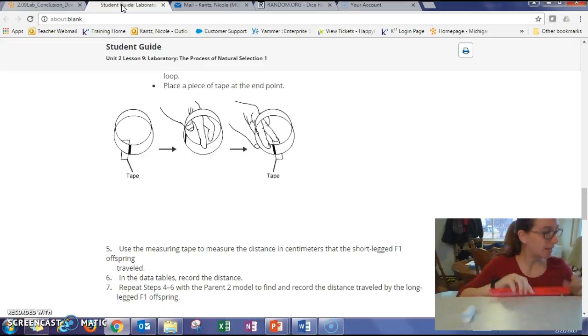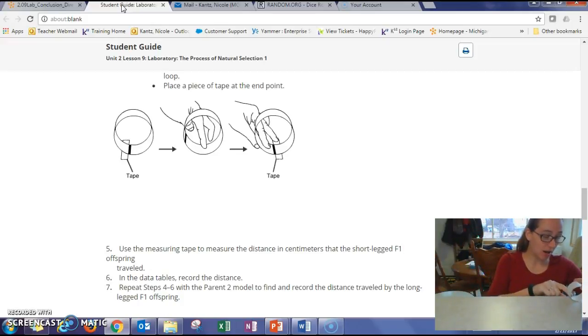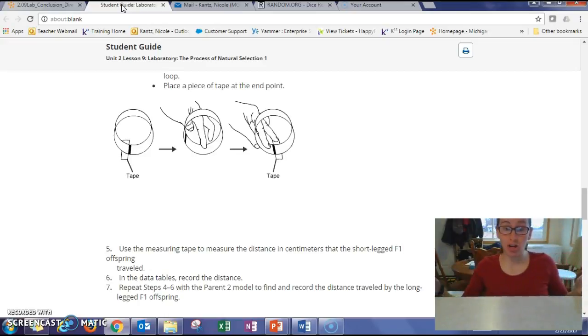Let's try that. Yep, 10.5 centimeters. And then I'm going to do the same thing with my long legs. My long legs, though, I had 5 offspring. So I'm going to start here. I'm going to roll it 5 complete times. I will measure it out, write that down, and I'm going to do that 2 more times.